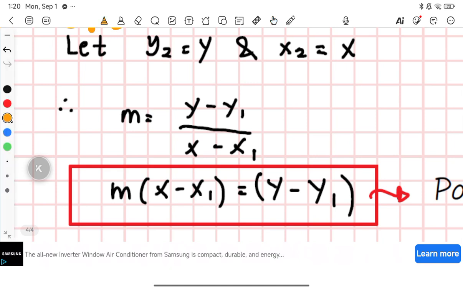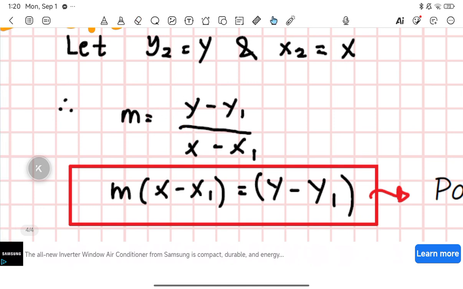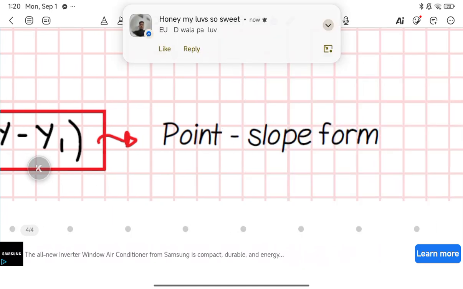Tapos, ito po, i-cross multiply mo lang yan dalawa. Mapunta lang sa kaliwa yung nasa denominator. So, magiging siyang m quantity x minus x1 is equal to y minus y1. At itong form na to, or itong equation na to, ang tinatawag natin na point-slope form. So, congrats.